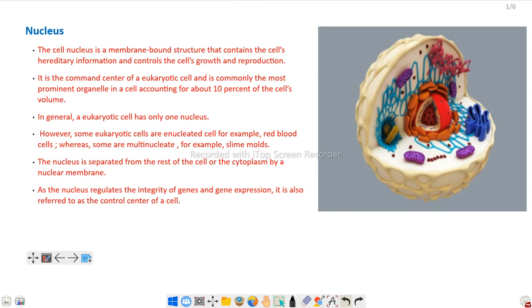Whereas some eukaryotic cells are multinucleate, where more than one nucleus is present, for example slime molds. The nucleus is separated from the cytoplasm by a nuclear membrane or nuclear envelope. As the nucleus regulates the integrity of genes and gene expression, it is also referred to as the control center of the cell or the brain of the cell.